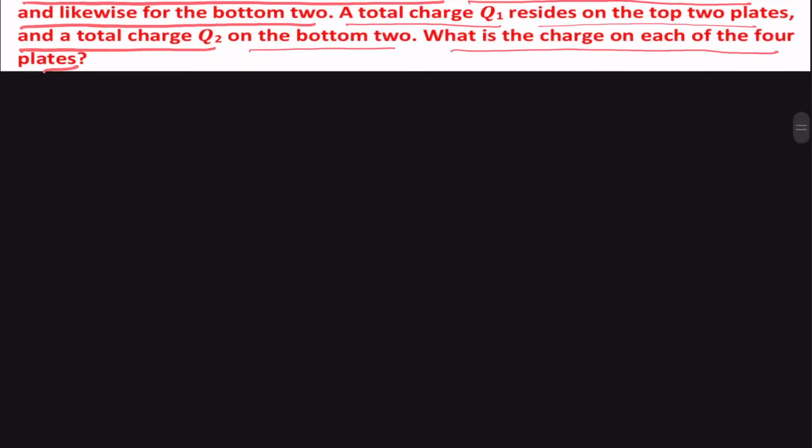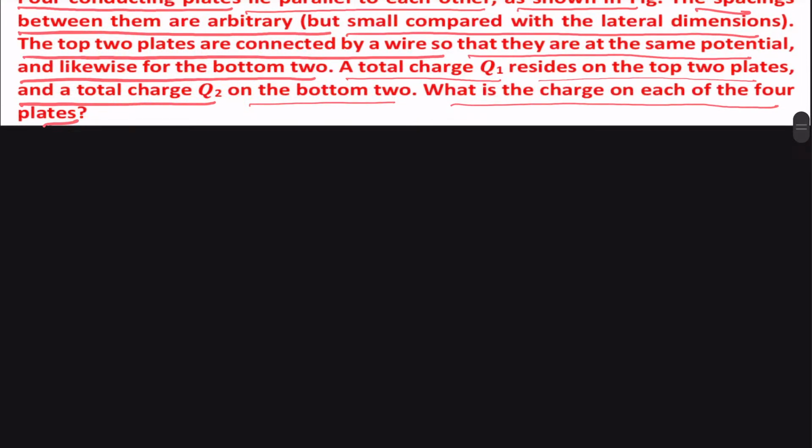A basic figure we can easily draw. So we are given 4 plates. These are the top 2 plates and these are our bottom 2 plates. The separation is asymmetric. There is no relationship between the separations between the plates. And these plates are interconnected.